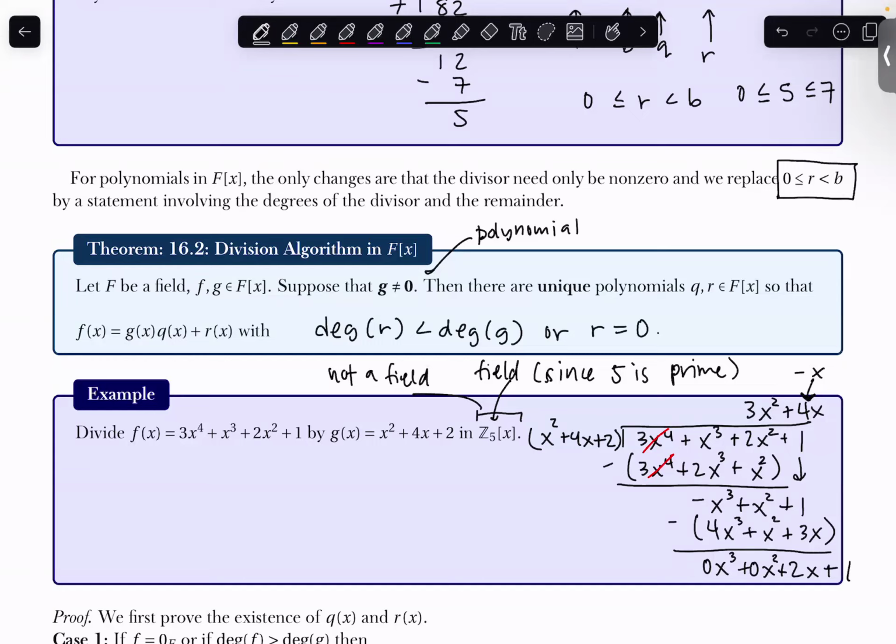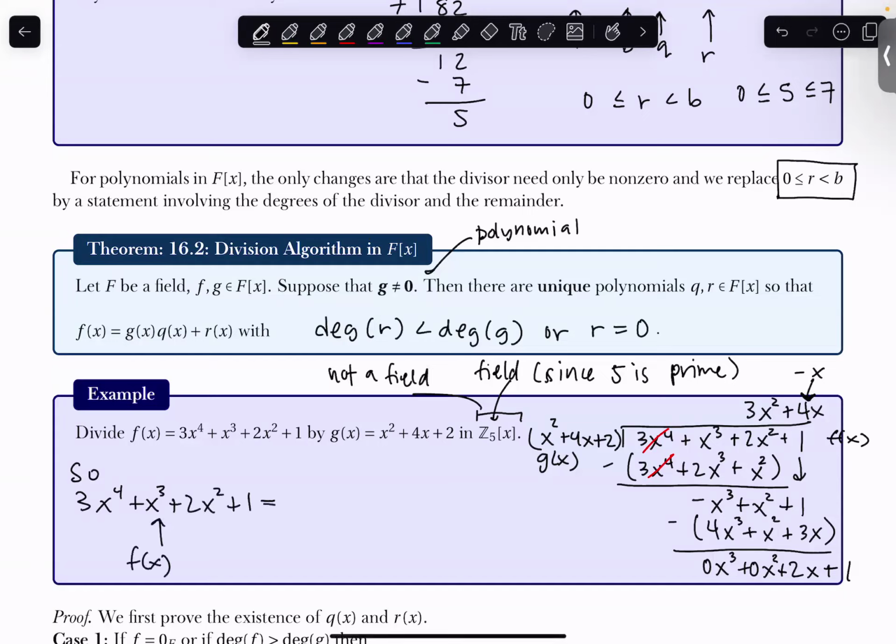Okay, so here what I can do is I'm doing my f of x divided by my g of x. So this is telling me a way that I can write f as a product of g with some remainder. So here I'll have 3x to the 4th plus x cubed plus 2x squared plus 1. This is my full f of x.